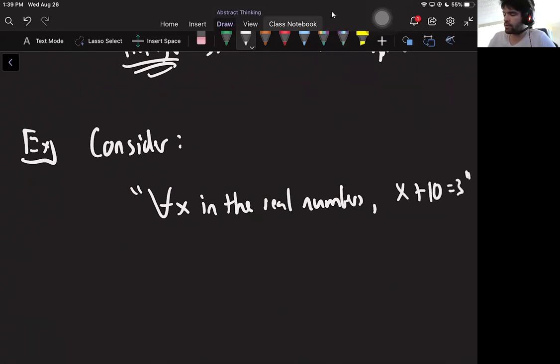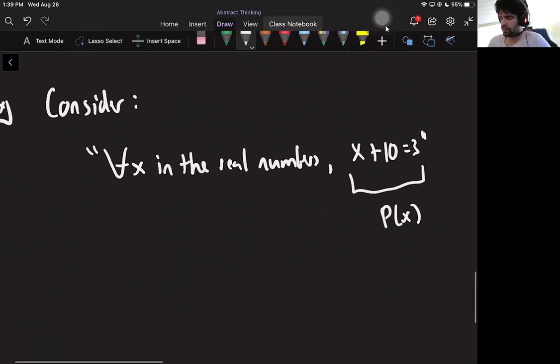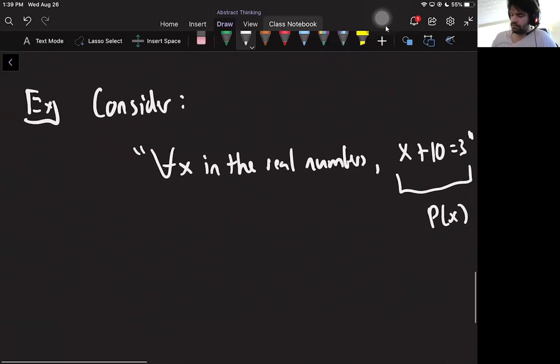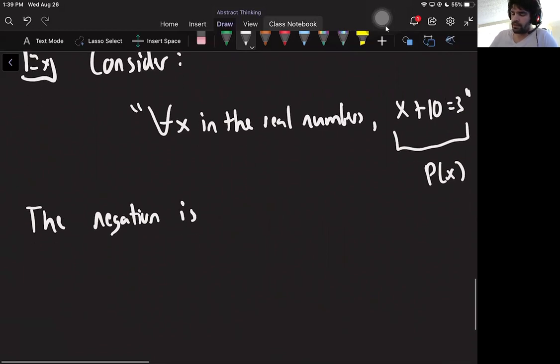So now we're starting with a for any, a universal quantifier, instead of there exists. And once again, we're going to negate it. So let's do that. The negation is, so if I just stick this symbol on here, what is that going to do?